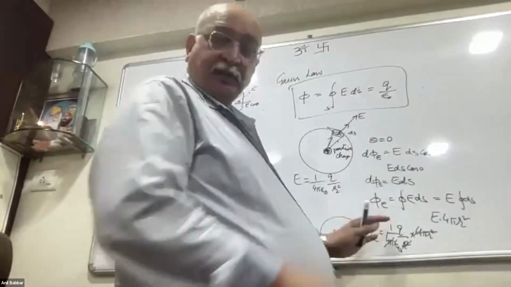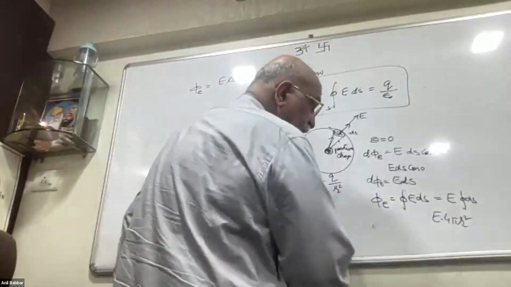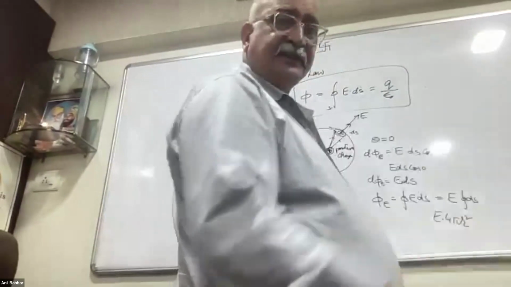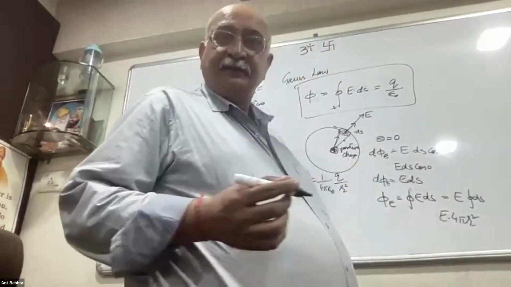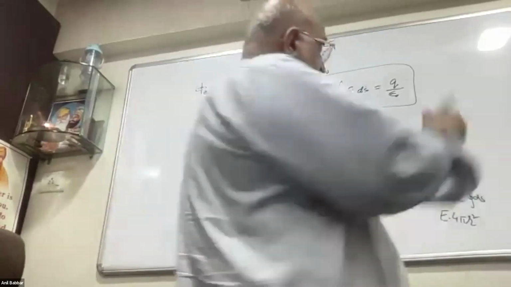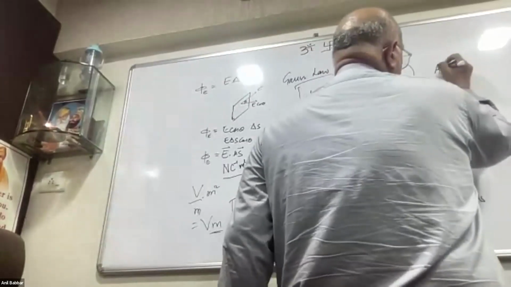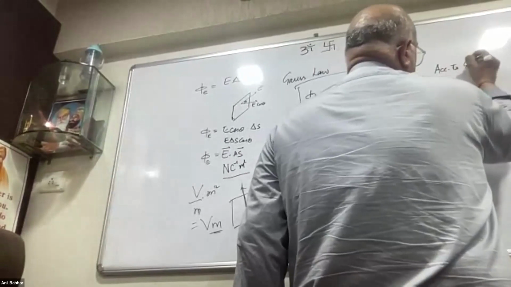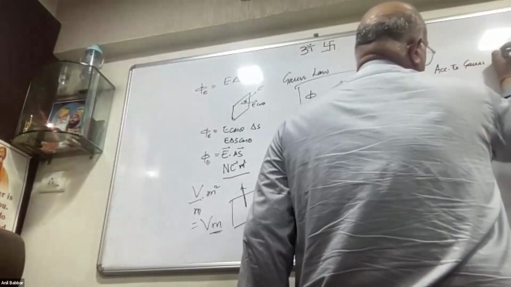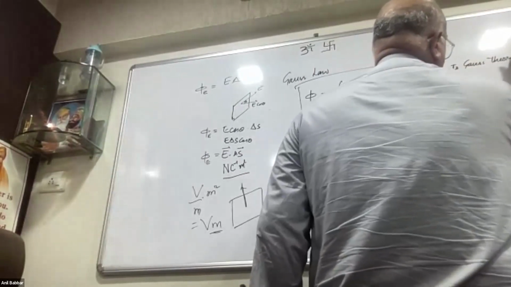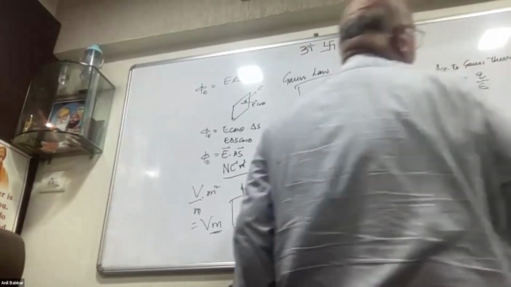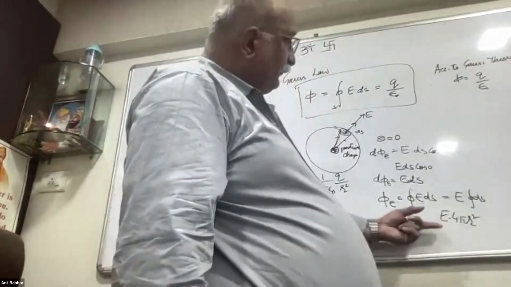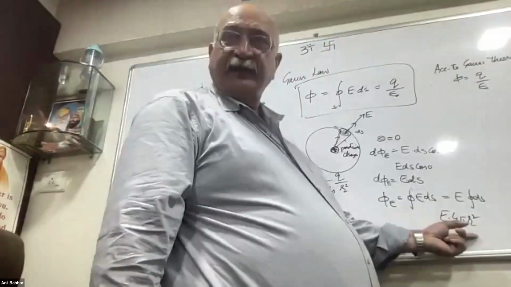We did E times the integral of dS, which is E into 4 pi r square. Now, we know from Gauss theorem that the flux is also Q by epsilon naught. So according to Gauss theorem, flux is equal to Q by epsilon naught, and what we found is E into 4 pi r square.